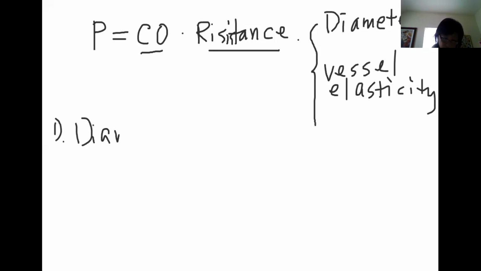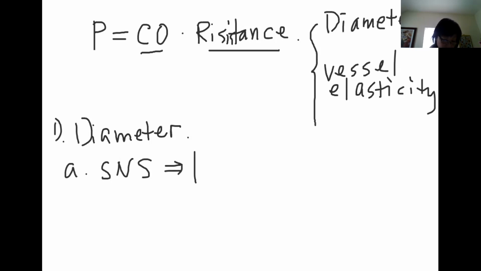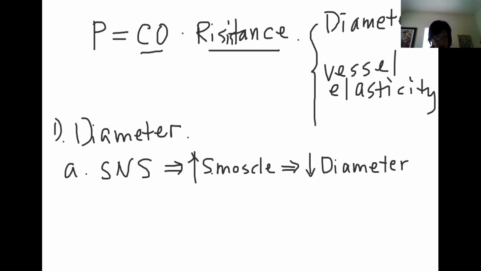What factors can change vessel diameters? Okay, number one is sympathetic nerves, right? Sympathetic nerves will make smooth muscle contraction stronger to decrease the diameter of the blood vessels. Does that make sense?